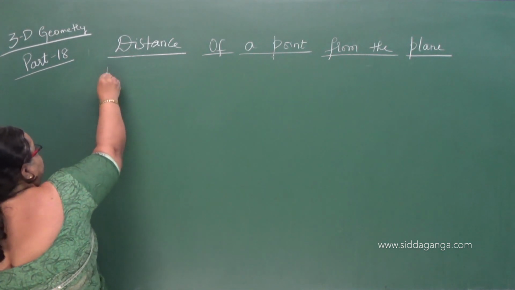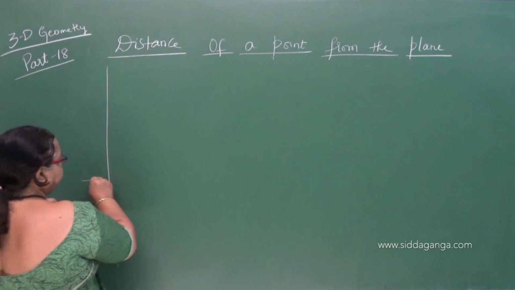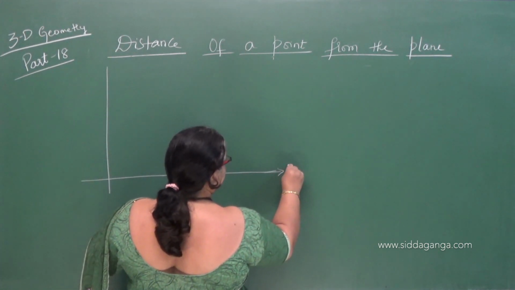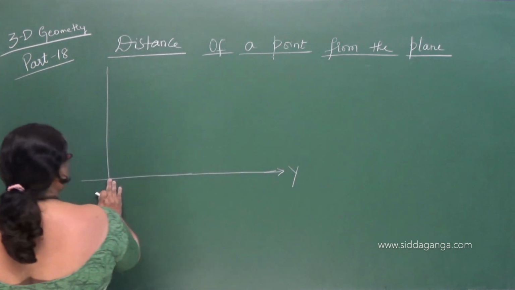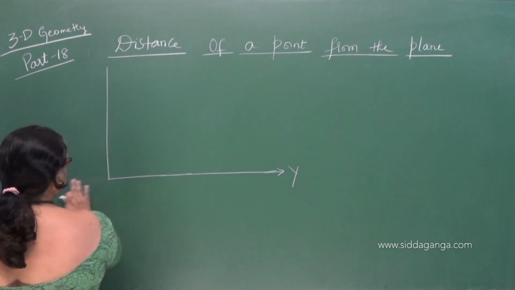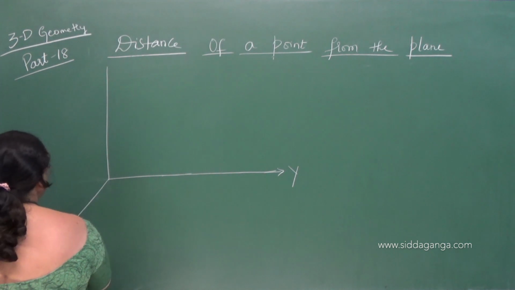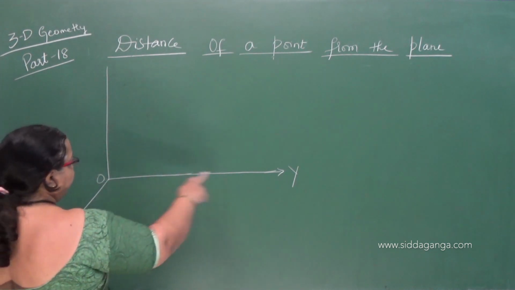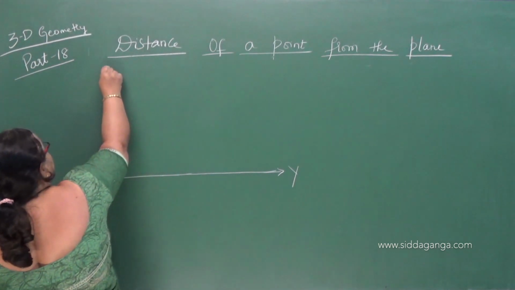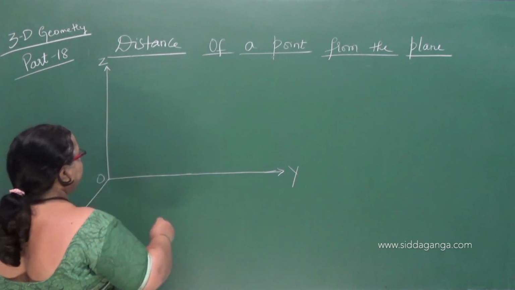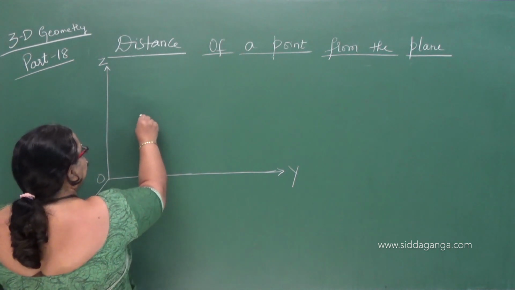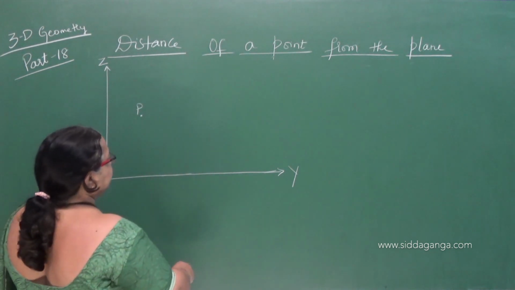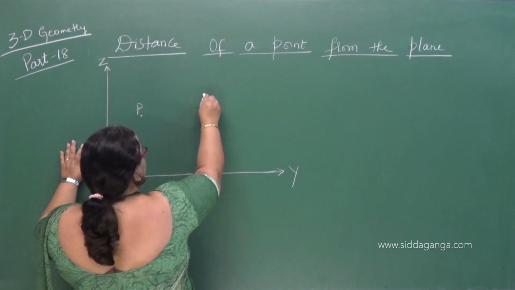So the figure is here. This is x-axis, y-axis and z-axis. So now you consider a point P. This is the point P. Now you consider a plane.